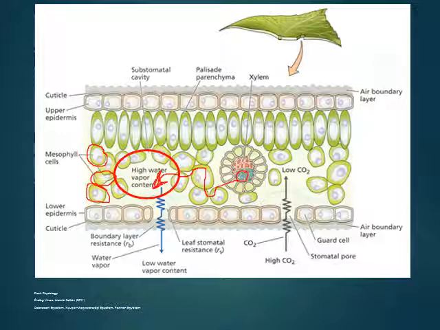And the plant, much like a greenhouse, tries to vent that off, just like we would heat and burp a greenhouse to reduce the moisture. What the leaf does, its vents are stomata. So the stomata open, creating a pore, which releases that vapor potential energy into the surrounding environment.